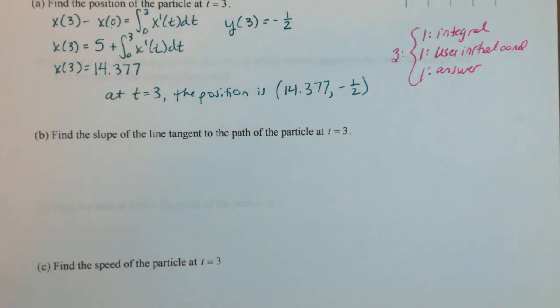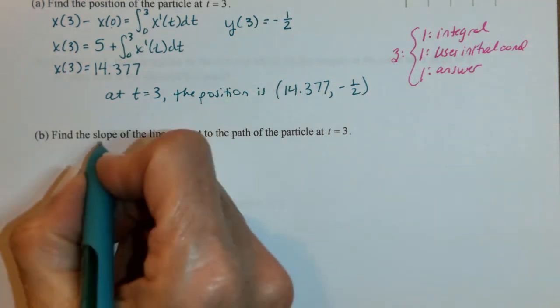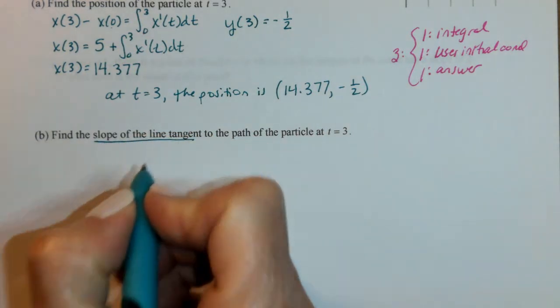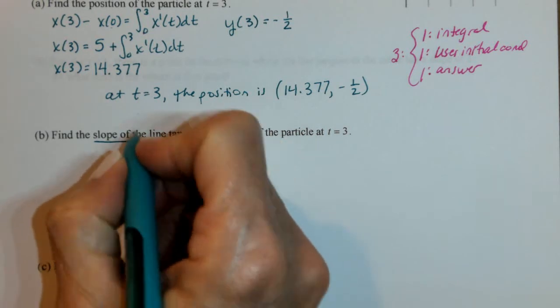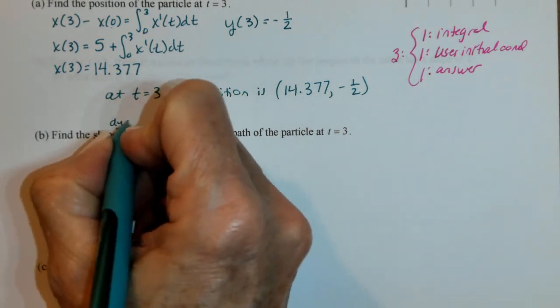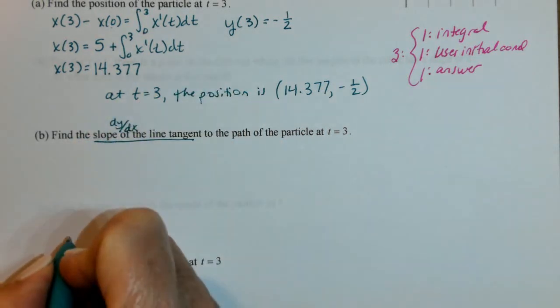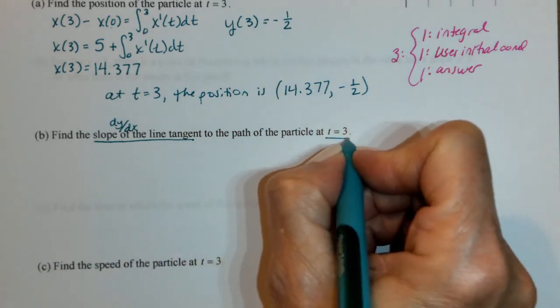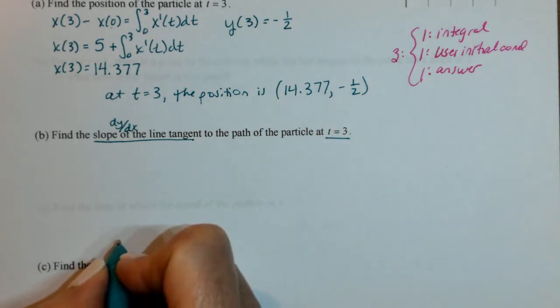Part B, find the slope of the line tangent to the path of the particle at time 3. Remember that slope is always dy/dx. So we need dy/dx at time 3.